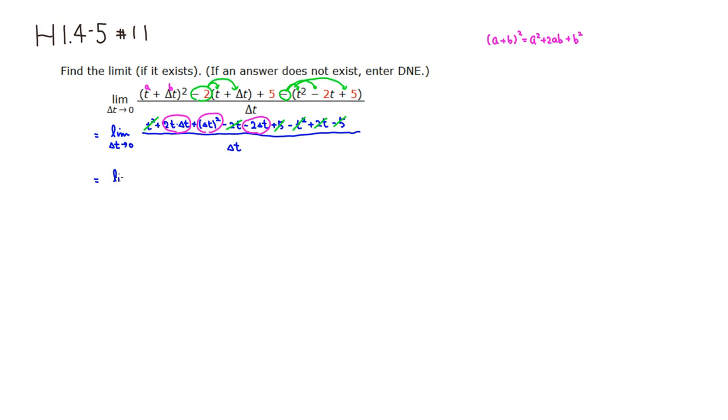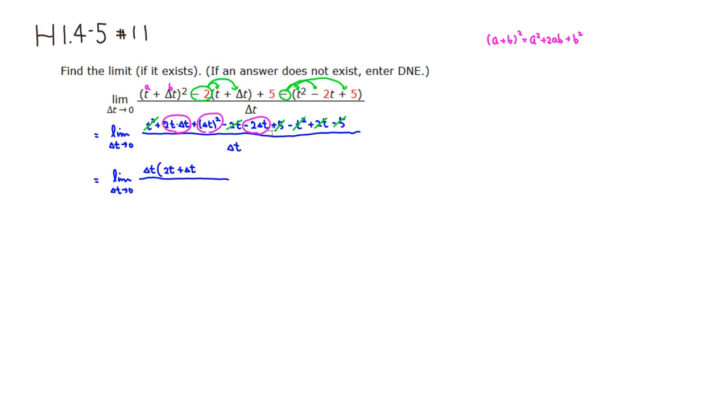So you have the limit as delta t approaches 0, right? And so delta t is factored out. If you factor out delta t from 2t delta t, you're going to have 2t left. We factor out delta t from delta t squared, so you have another delta t left over.